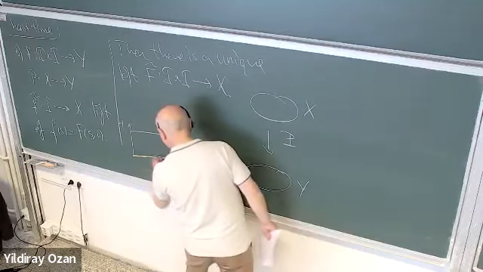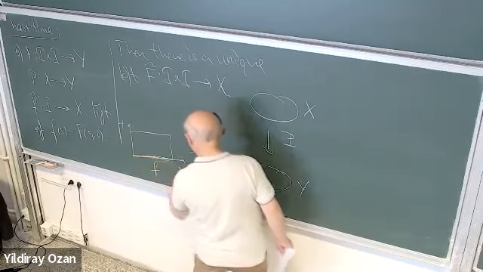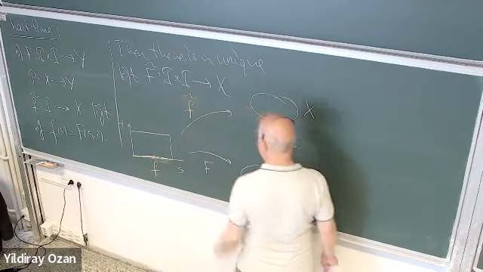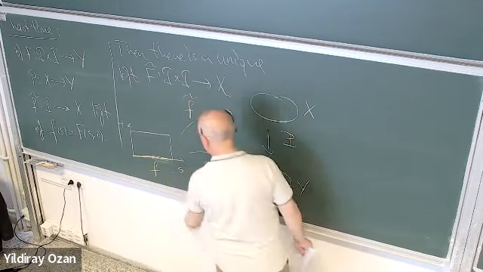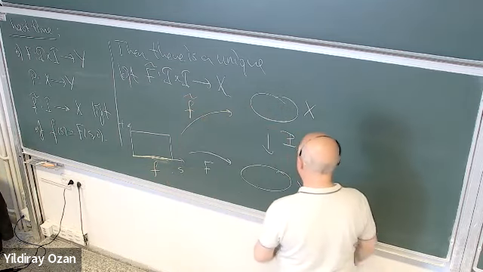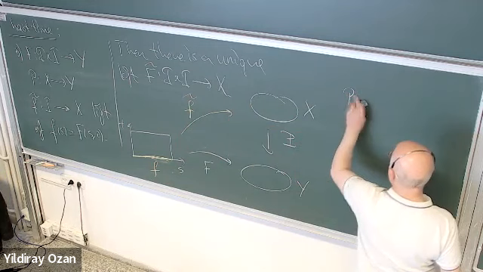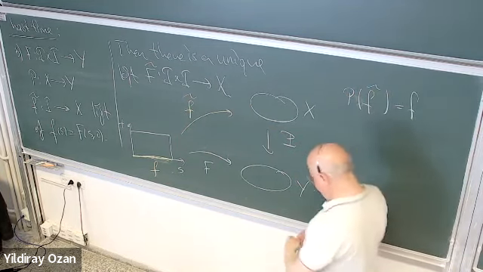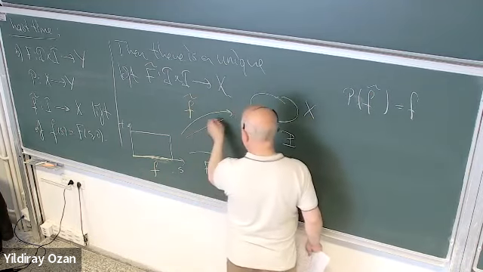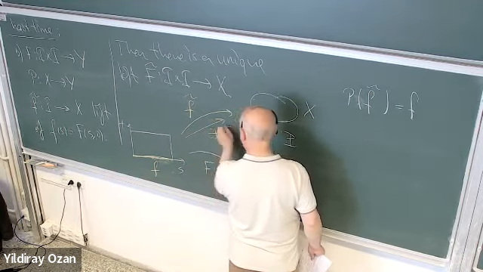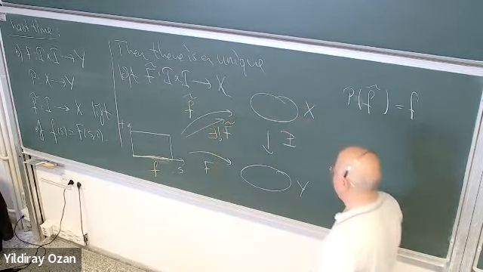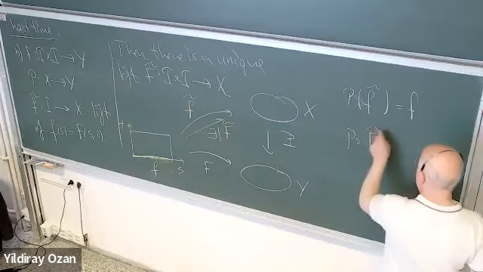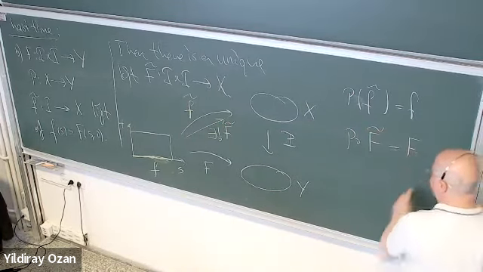On this edge we have f, and we have f tilde, a lift of this little f. So p composed with this is f. Then the statement is there is a unique lift F tilde, so that of course p composed with F tilde is F.